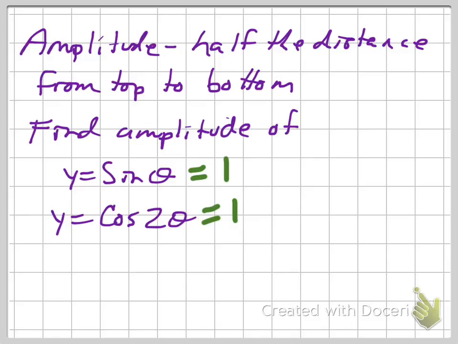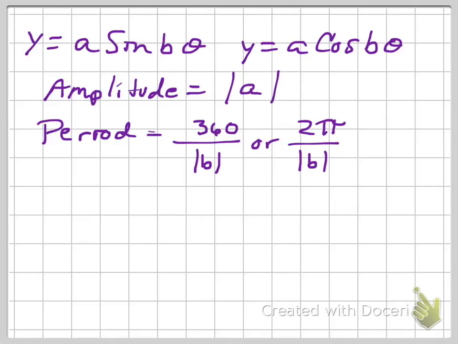Those two graphs. Why? Because when you look at a trigonometric equation, and here are the general ones, y equals a sine b theta, and y equals a cosine b theta, the amplitude is a, or the absolute value of a. Since we're dealing with a height, it has to be positive.